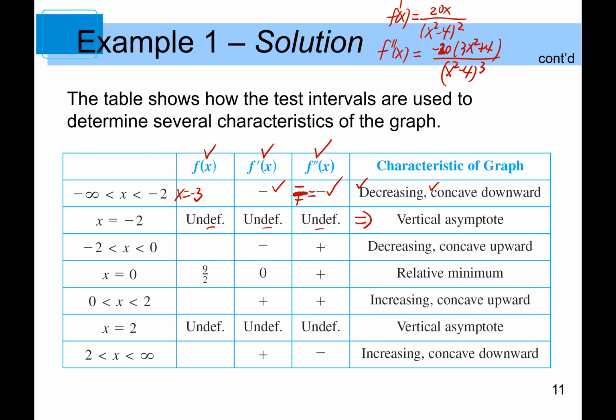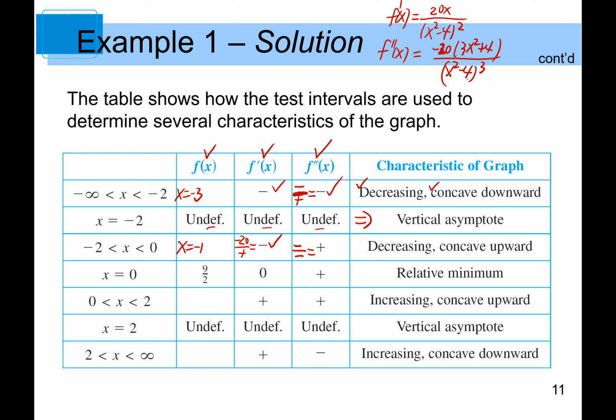And let's take a look at the second interval, from negative 2 to 0. You're going to pick a test value, negative 1. As you can see, if you plug into the first derivative, the numerator will be negative 20, and the denominator is always going to be positive. So negative 20 divided by a positive number is always going to be negative. For the second derivative, the numerator is negative, and the denominator is also negative, because negative 1 squared becomes 1, 1 minus 4 is negative 3, and negative 3 cubed is negative 27.